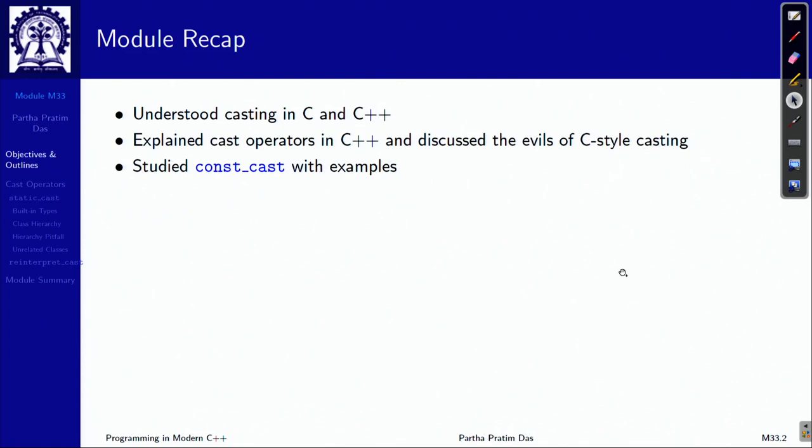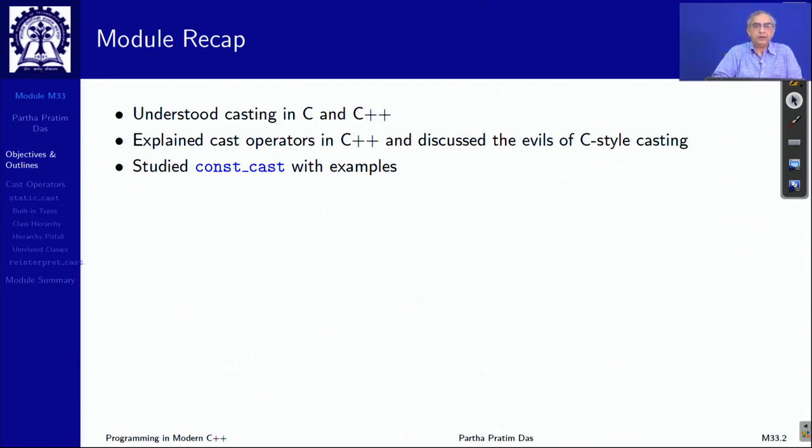From the last module, we have started discussing typecasting in C++. In module 26, we had discussed this for C, and what we are taking a look at is that in C++, you have different cast operators for specific semantics of casting that you need.